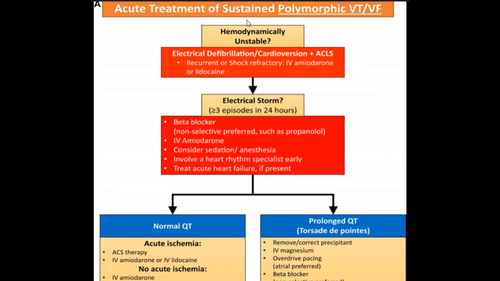Acute treatment for sustained polymorphic ventricular tachycardia, always defibrillation, or what we call cardioversion, and then you can go for beta blocker, etc. Particularly with prolonged QT, remove the offending drugs, or what we call the precipitating factor, avoid that, magnesium, overdrive pacing, beta blocker and lidocaine therapy in a refractory variety.